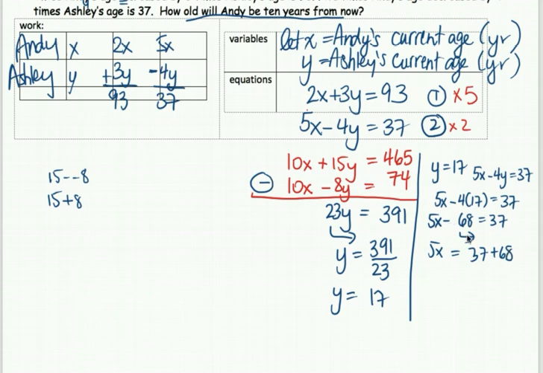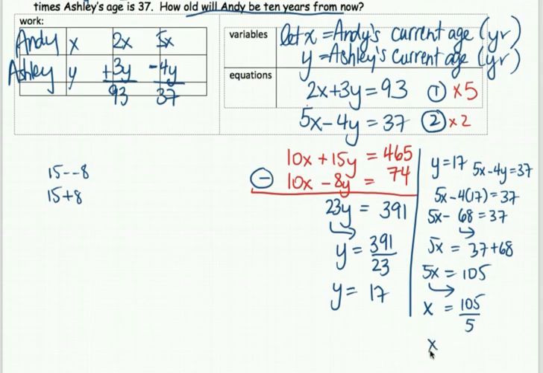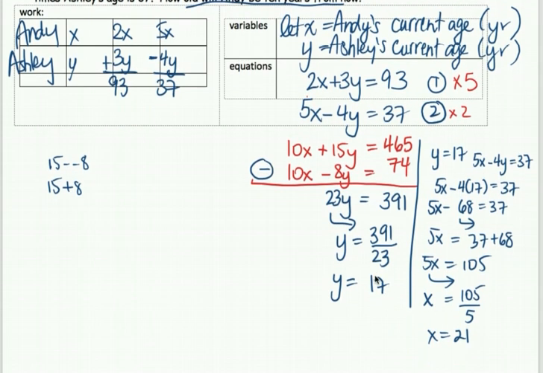Okay, so subtract there, so now you can add it over. Comes up to 105. Oops, and we're going to boot the 5 over. Okay, we divide it over on that side, and then we end up with 21. All right, so a little bit more work, but that's okay.